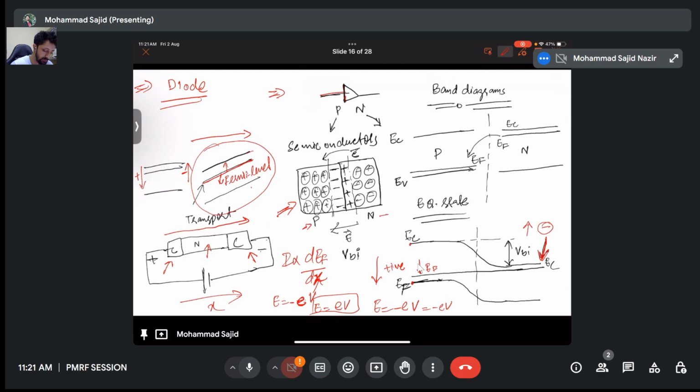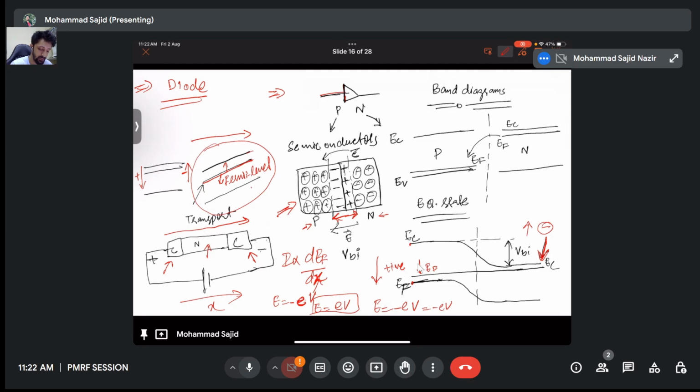You have holes here on the P side, and you have electrons here on the N side. And in between, you have a space charge, where positive is on the N side and negative is on the P side.